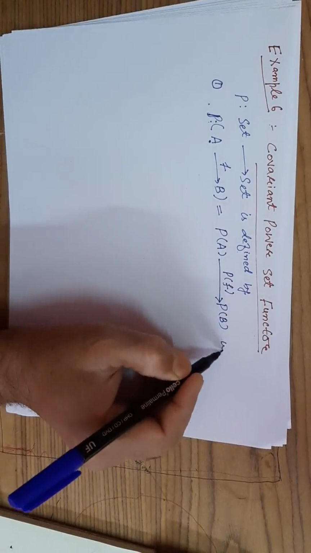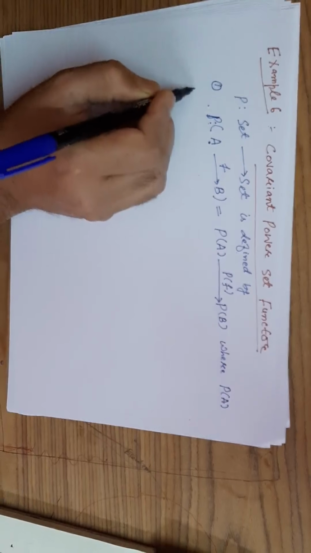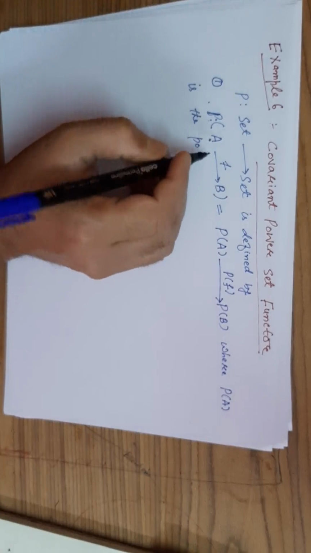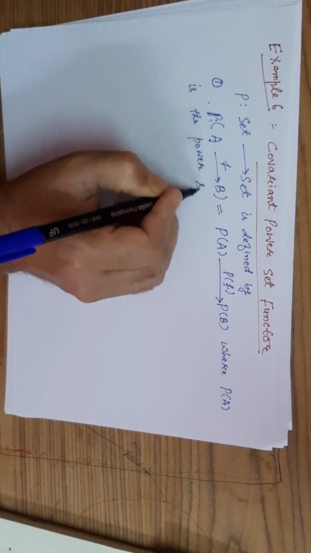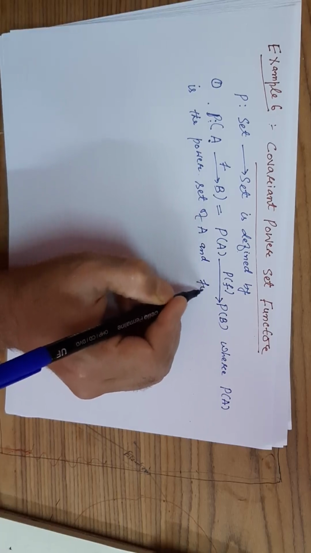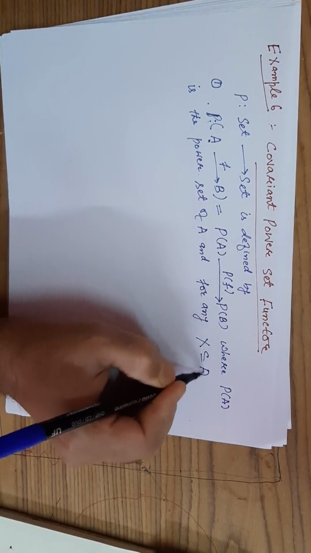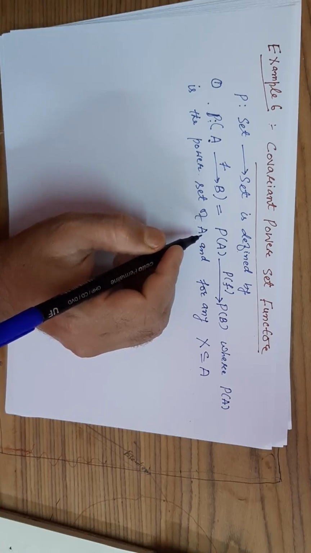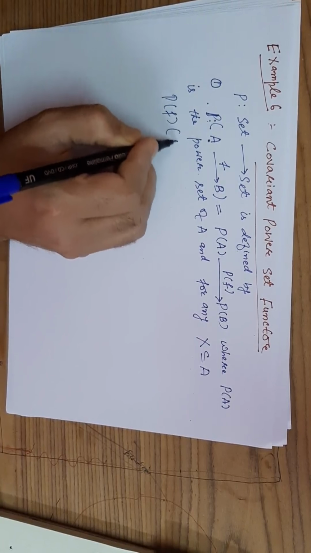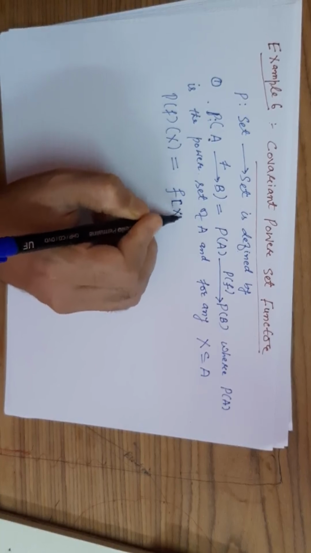Where P of A is the power set of A. The set of all subsets of A is the power set of A, and for any X subset of A, meaning X belonging to the power set of A, this P of F of X is F of X. What is F of X?